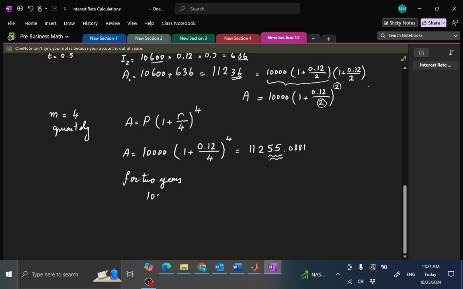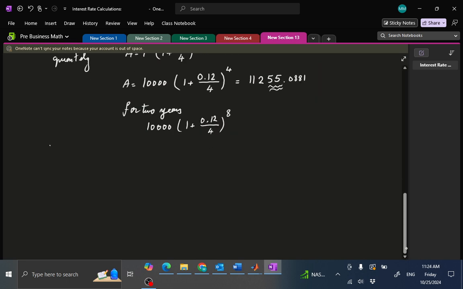For 2 years, it would have been 10,000. The principal is the same. The interest that I get per each compounding period is the same, except that now for 2 years, I will have 8 compounding to go through.